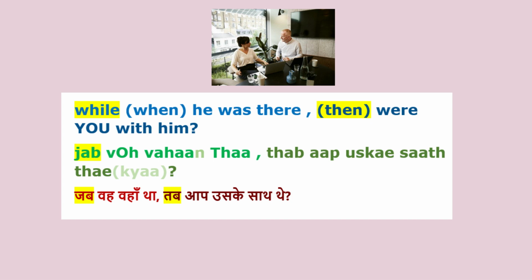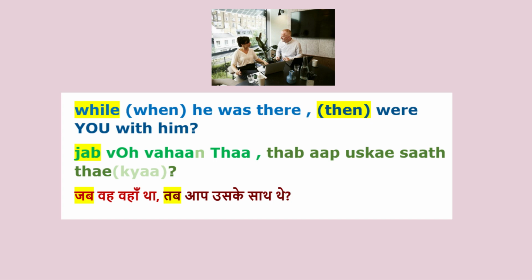So that is the thing. So you can understand one part relates to the first thing, that is the time when he was there. At that time, were you there with him? So while he was there, were you there with him then? You can understand. Again in English, you may omit the then, but in Hindi we use it.